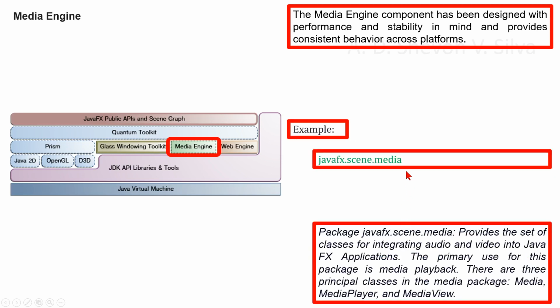As an example, we can consider this package JavaFX.scene.media provides the set of classes for integrating audio and video into JavaFX applications. The primary use for this package is media playback. There are three principal classes in the media package: media, media player, and media view.